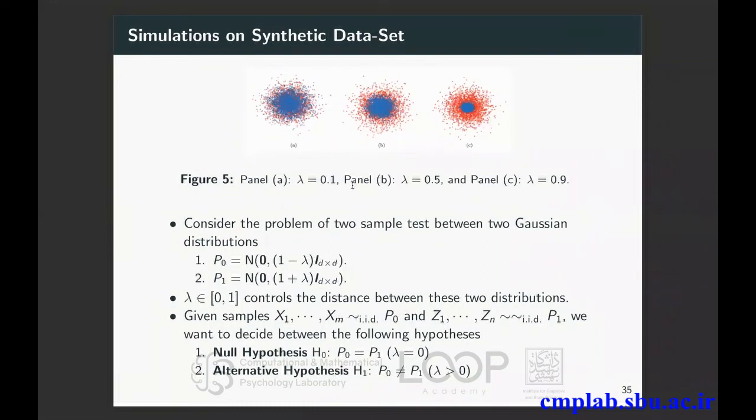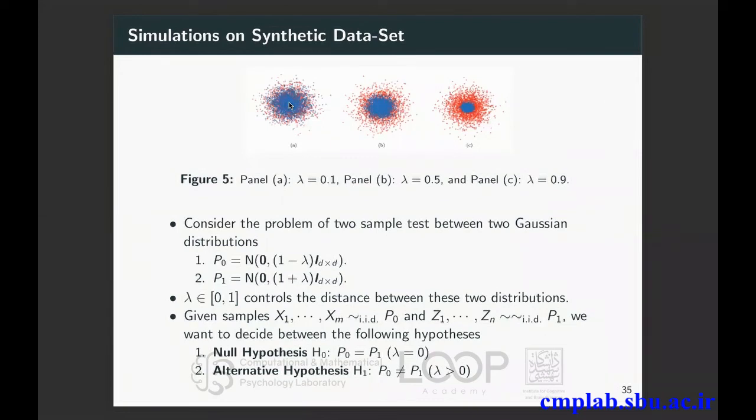As you can see, for lambda equal to 0.9, the samples of the distributions are separate from each other and can be distinguished. For lambda 0.1, you have samples that are kind of mixed, and it's more difficult to distinguish whether a sample comes from distribution 1 or distribution 2. So in a sense, lambda determines the difficulty of hypothesis testing.